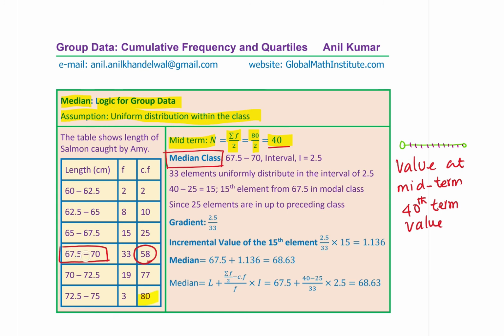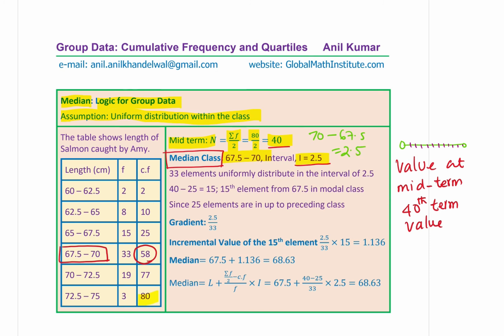Now, within the interval, the value could vary from 67.5 to 70. So that is the variation. We are calling I is 2.5. I should have written it the other way: the interval is 70 minus 67.5, which gives you 2.5.